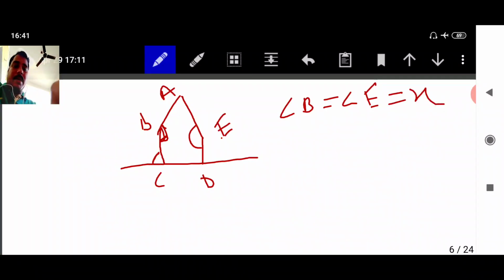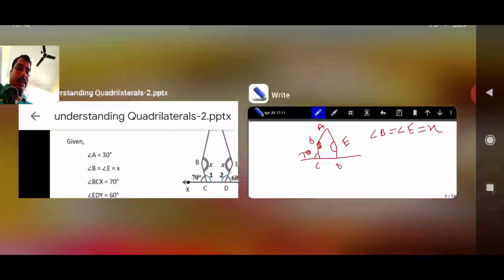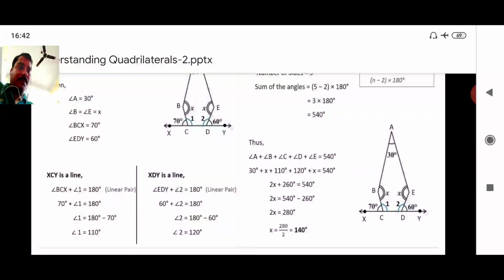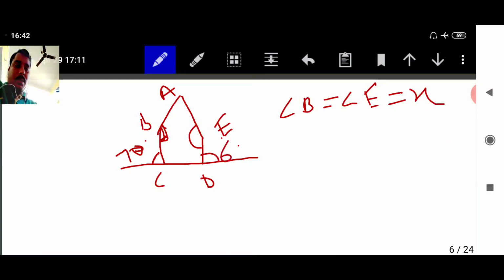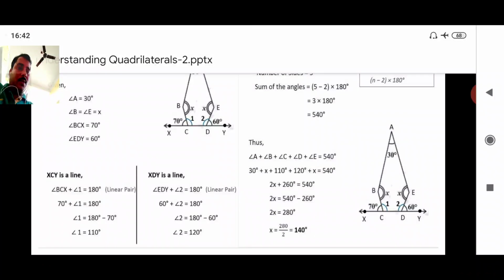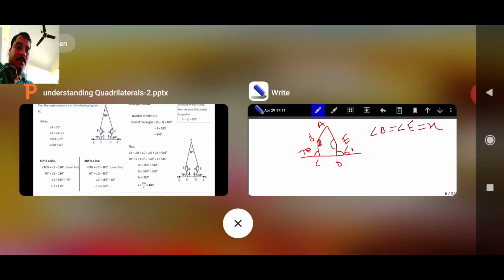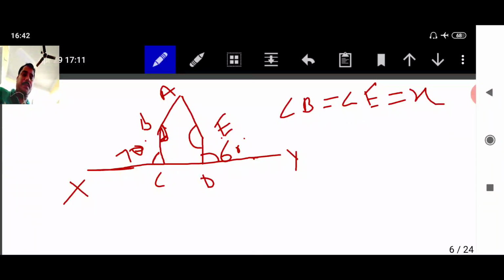Here this angle is given as 70 degrees, you can see in the image, and this angle is given as 60 degrees. This is x and this is y.